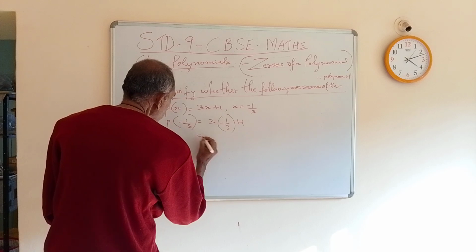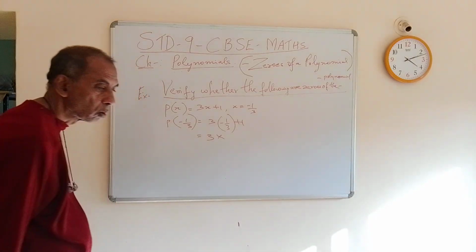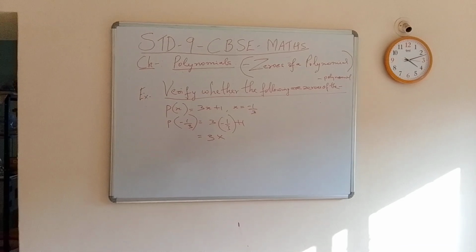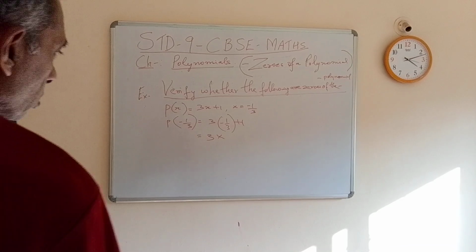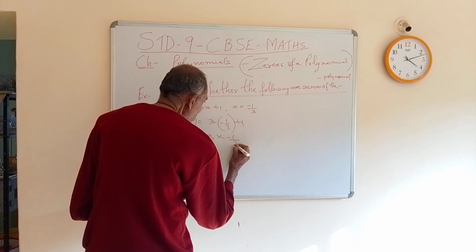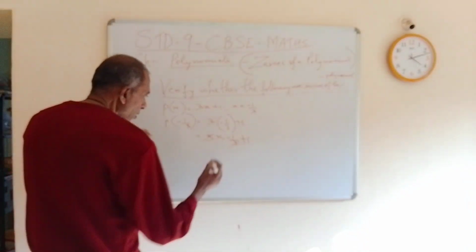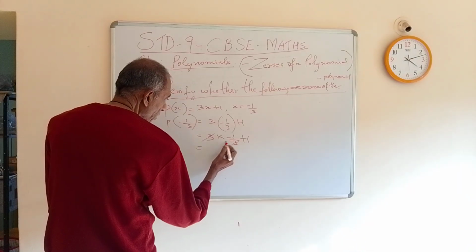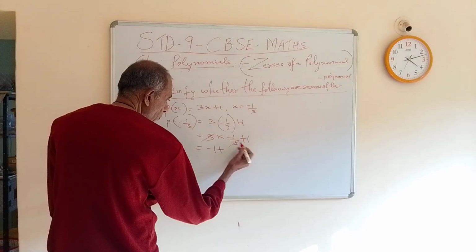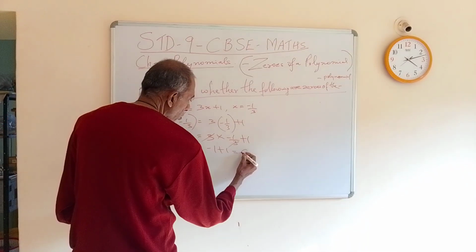That is equal to 3 into minus 1 upon 3 plus 1. So this 3 and this 3 will get cancelled. What is remaining is minus 1 plus 1. So minus 1 plus 1 will give us 0.